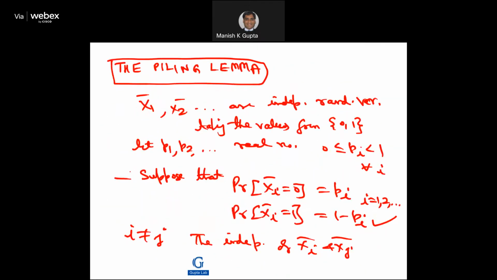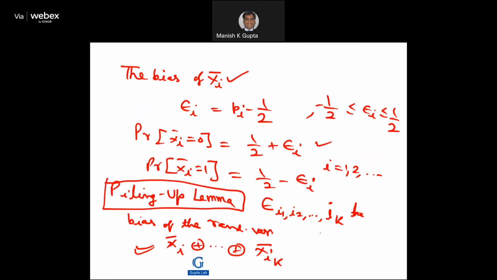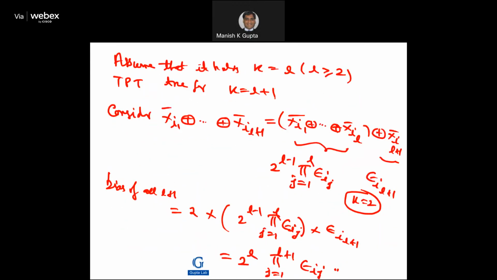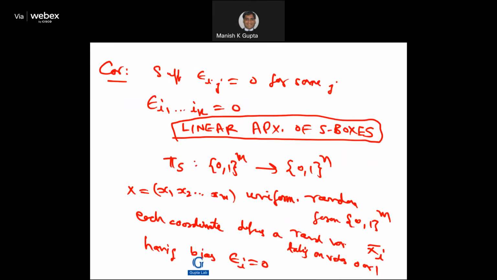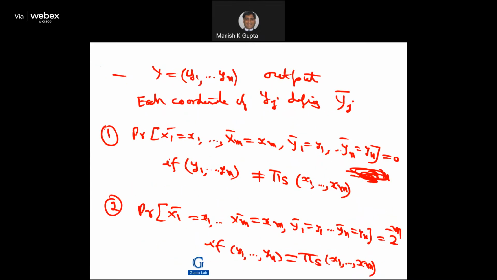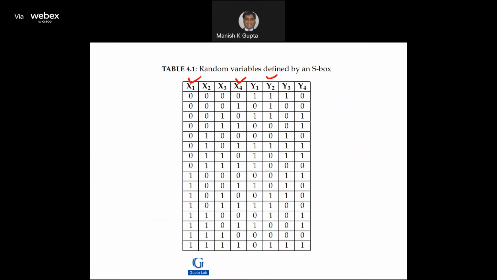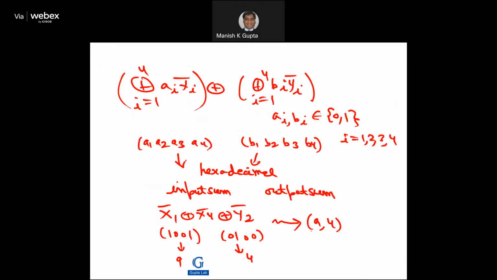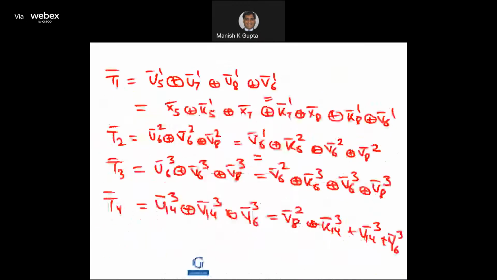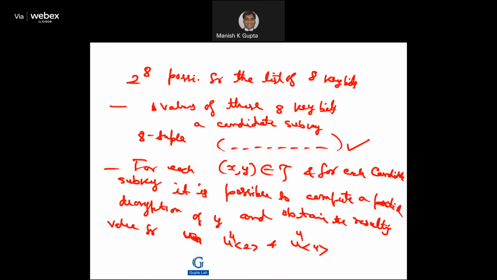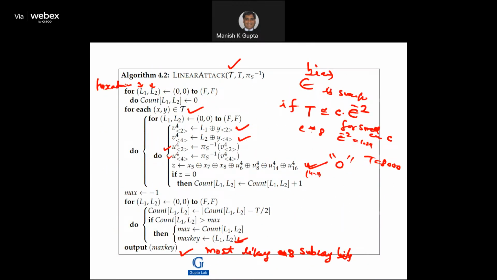We need to compute the bias of the random variables of those kinds of expressions, and for that we use the piling-up lemma. When doing the linear approximation, we look at these kinds of tables and try to guess the keys. The final algorithm is this. Even if you want to break it, you have to do a lot of calculations.